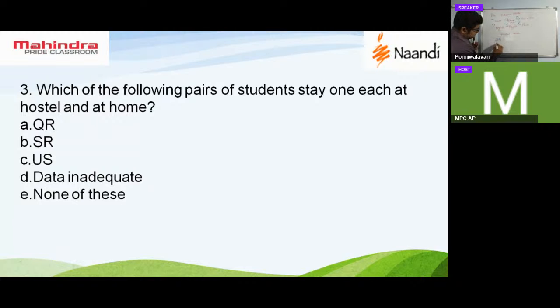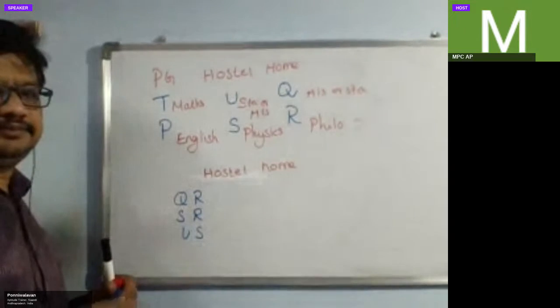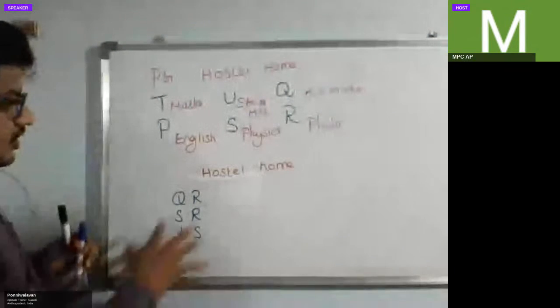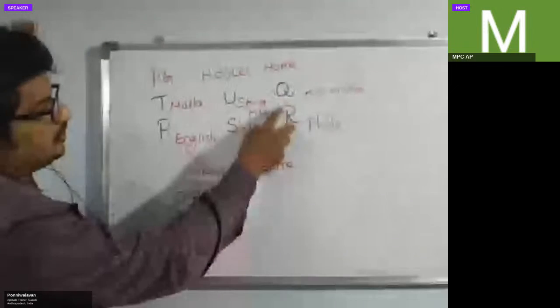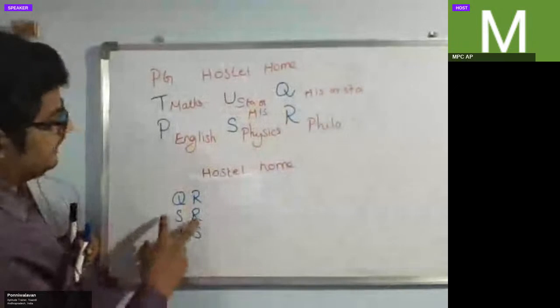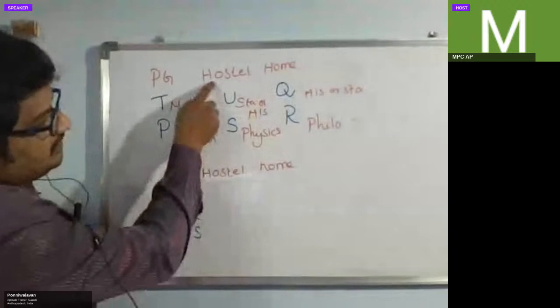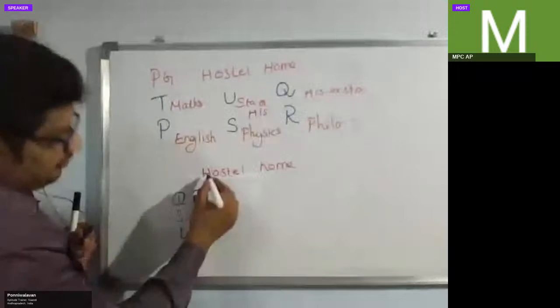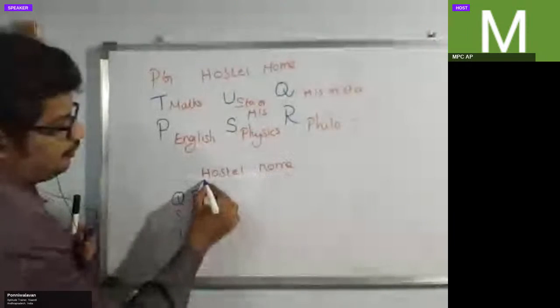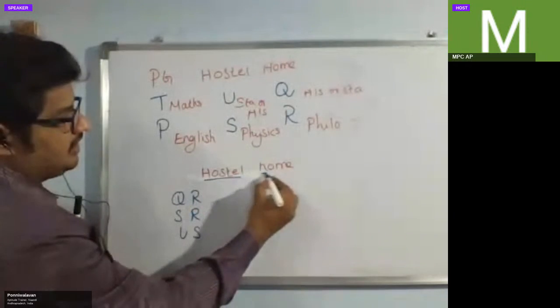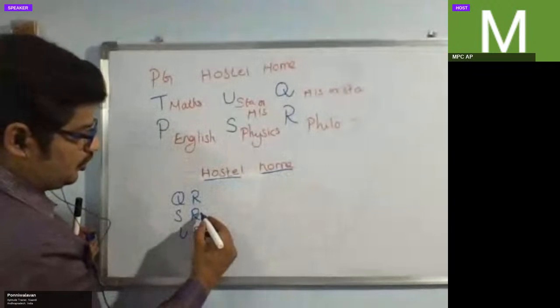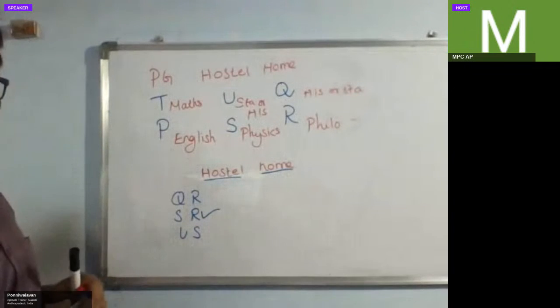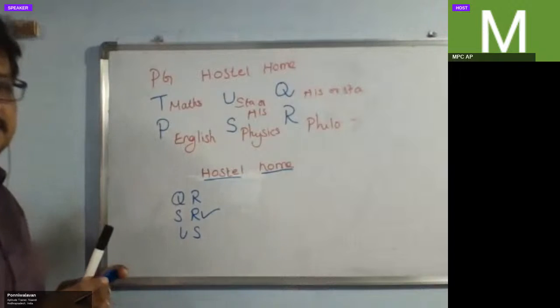Listen. QR, both are staying in home. SR, one is staying in hostel, one is staying in home. What they are asking is that one person has to stay in hostel and one person has to stay in home. So SR is the option.